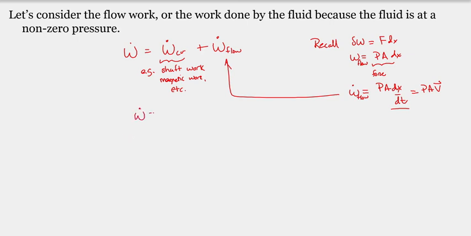So we know, again, with our arbitrary control volume, that we have potential for flow to both enter and to leave the system. So I have the flow work of the fluid as it leaves the control volume, and here's the flow work associated with the fluid as it enters the control volume.